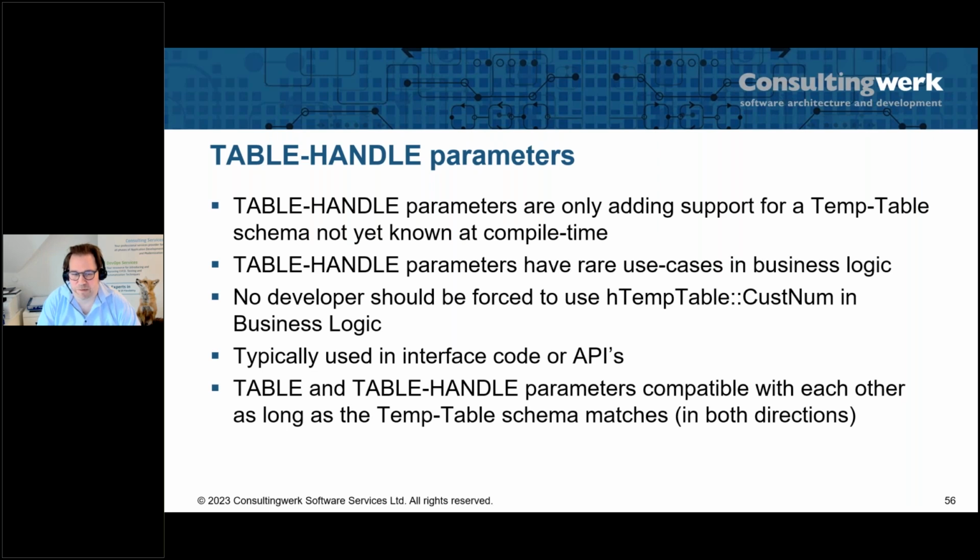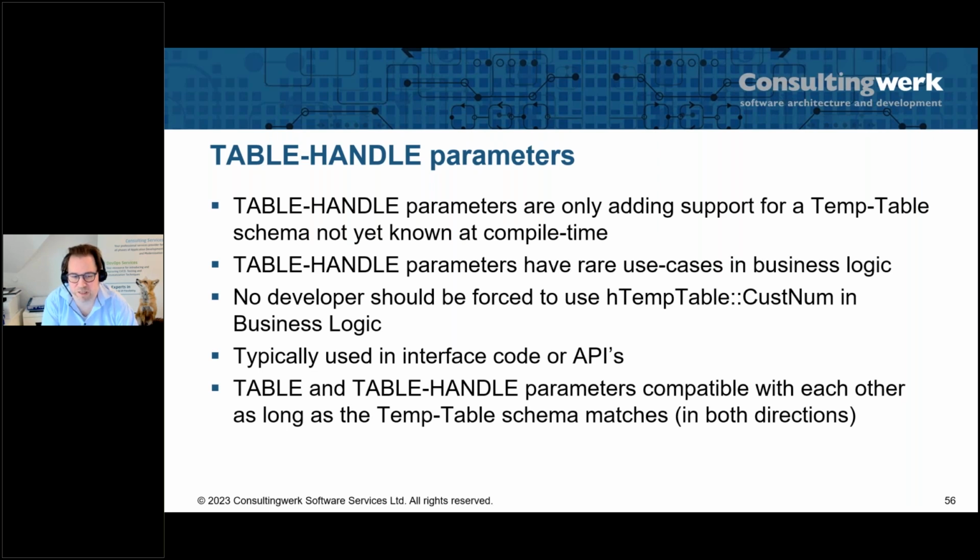The one use case for table handle parameters is when at compile time you do not know the schema yet. And I think in business logic, what an application programmer would be writing day in, day out, they have very rare use cases. Typically, table handle parameters should be used in flexible interface code or APIs, like the procedures on the AppServer that get all your calls or something like that.